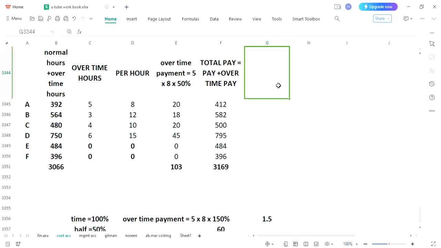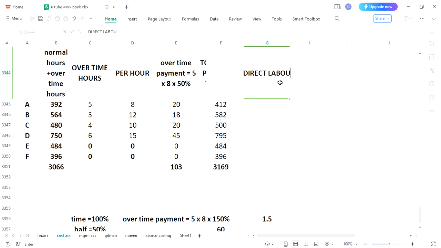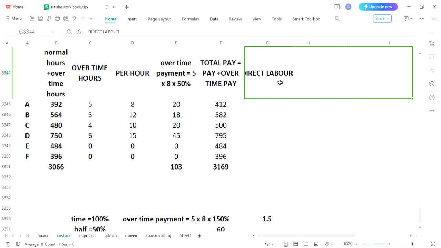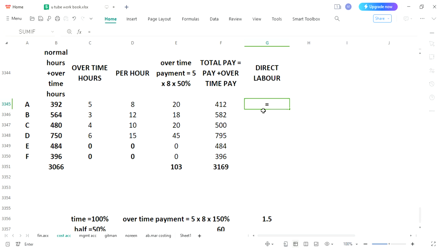For making direct labor, you will be adding total payments of A, B and C, D. Their payments would be written in direct part 392, and then we have B worker 564, then C worker 480, then we have D worker 750.